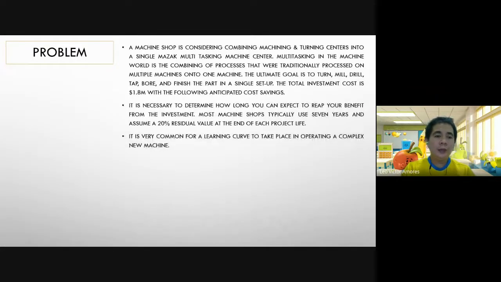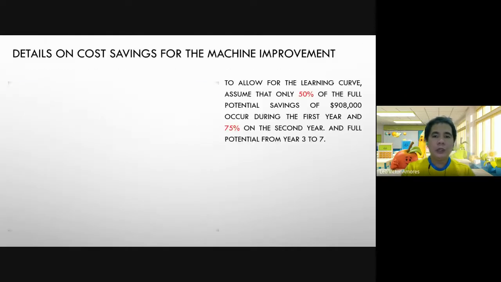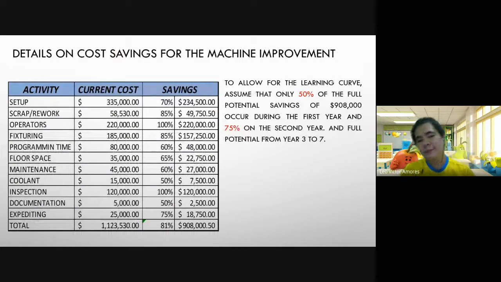Anybody has any question with regards to the problem on the cost? Nobody? For clarification, there is such a term as the learning curve. The learning curve is when you are a first timer on the job, you can finish the job in 3 hours.